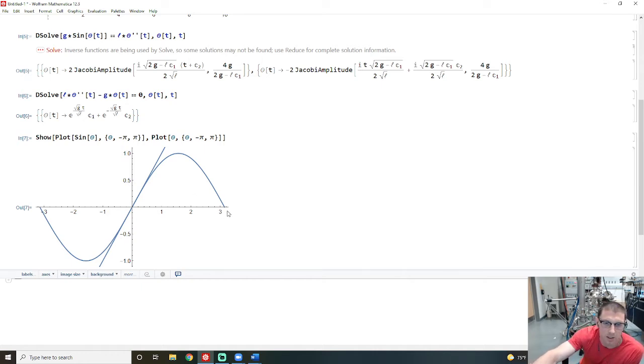If we tried to say, well, here's pi, we can't say sine of pi is approximately equal to pi, because that's very much not true. But between negative 1 radian and positive 1 radian, this is going to work decently well for us. And the smaller the angle is, the better it works. So I wanted to bring your attention to that.